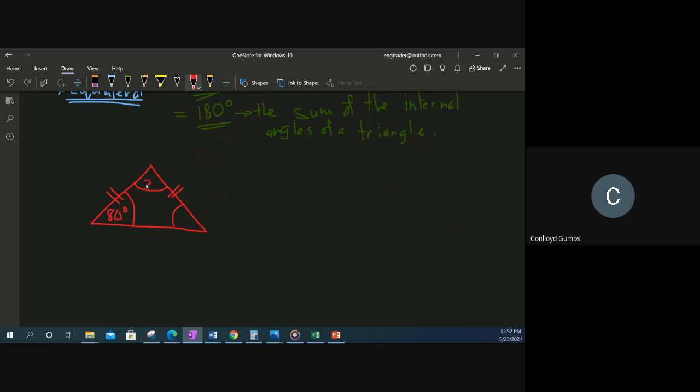And I want you to find X and Y. All right, so I want somebody to tell me or text in the chat what they think Y is equal to. What do you think Y is equal to? What are the degrees of Y?